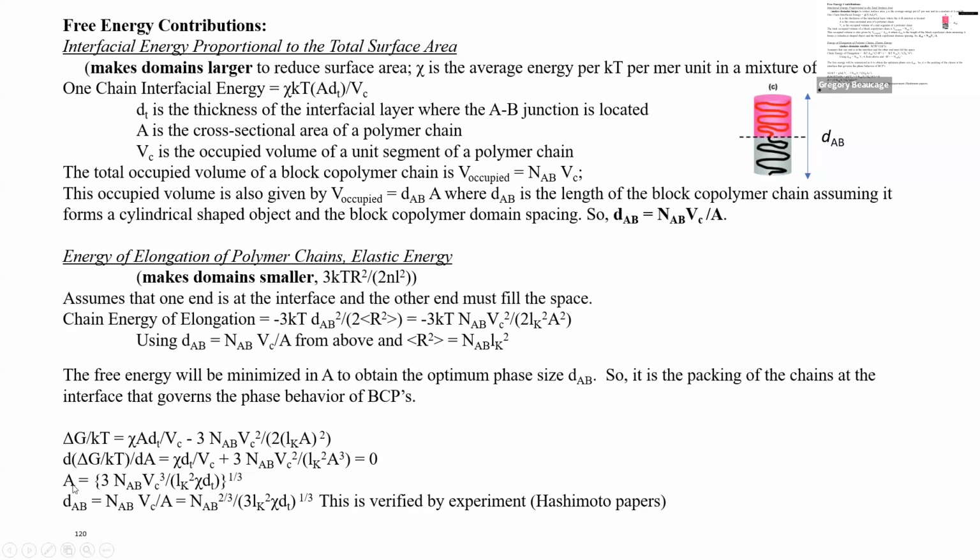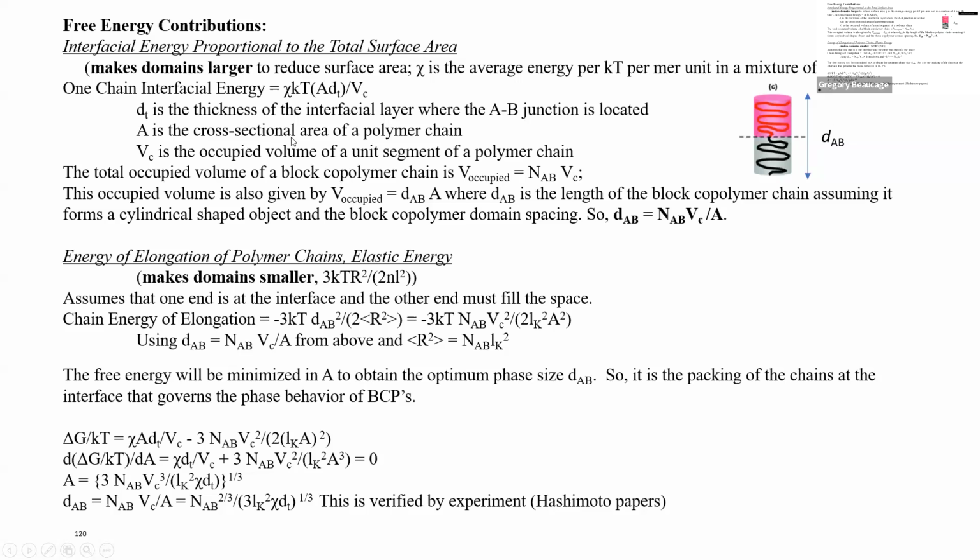And once you solve for that, because D_AB depends on the area, and you know the molecular weight and you know the volume of a unit, then you can calculate what D_AB is. What's the length of this thing? In other words, the size of your domains from the minimum of that thing. So it spits out, and then that's been verified by scattering, basically, or microscopy, right? So it's kind of a simple thing.